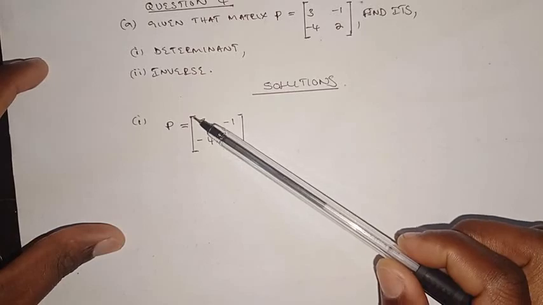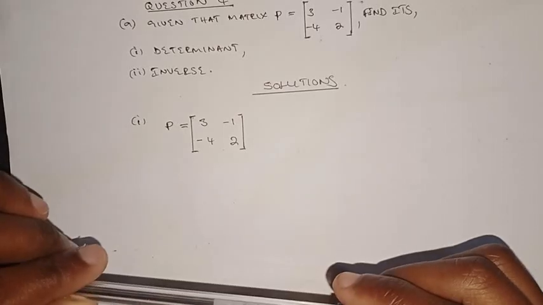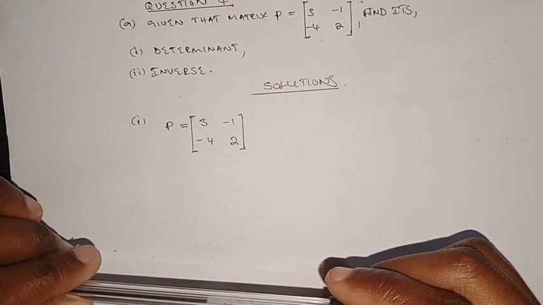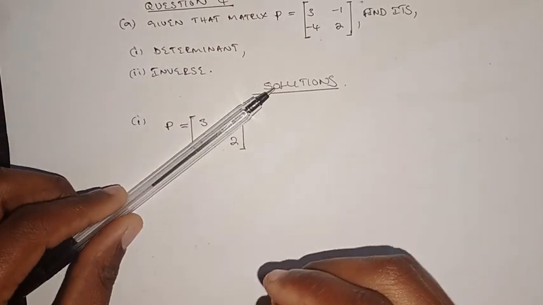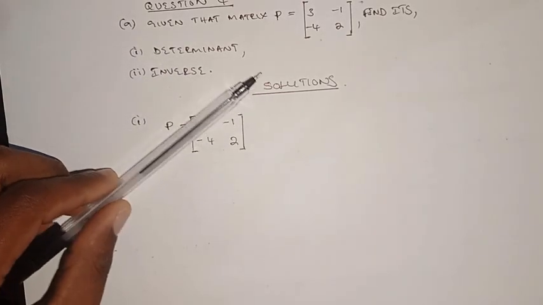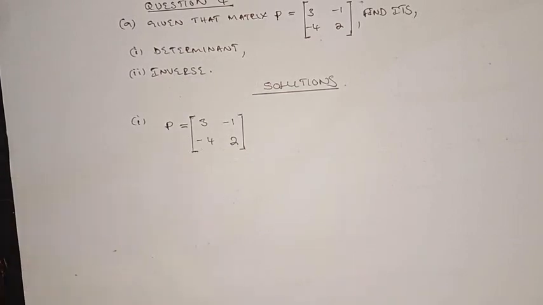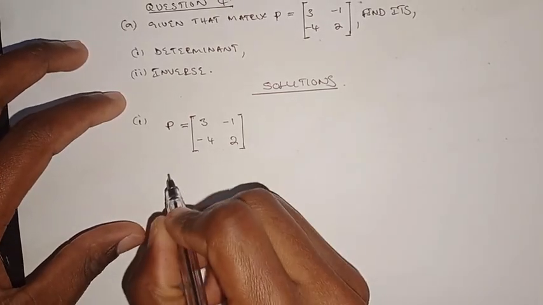So we need to multiply 3 and 2. After doing that, we need to subtract from it the product of elements in the trailing diagonal. So the trailing diagonal is this diagonal right here. The elements that are in the trailing diagonal are -1 and -4. So that's how we find the determinant of a given matrix.